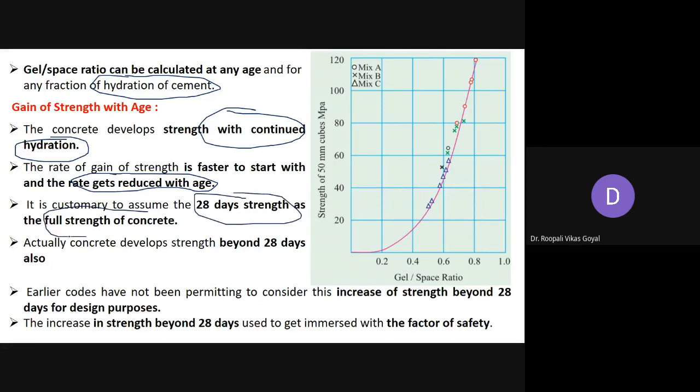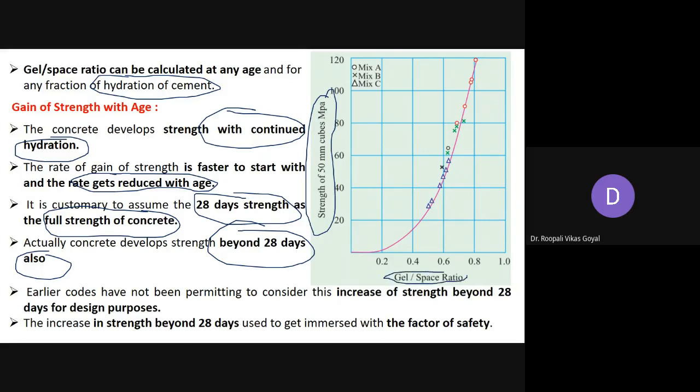We assume this because the strength is only going to increase. So the 28 days strength is generally considered as the full strength of concrete, though concrete actually develops strength beyond 28 days also. In this graph you can check the strength of a 50 mm cube for different gel to space ratios.